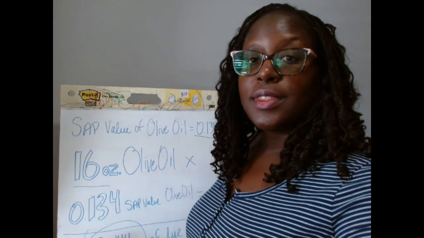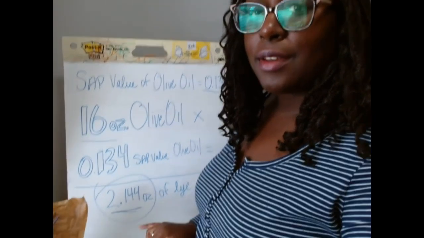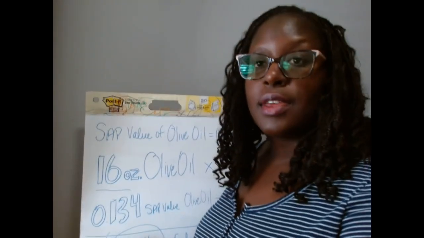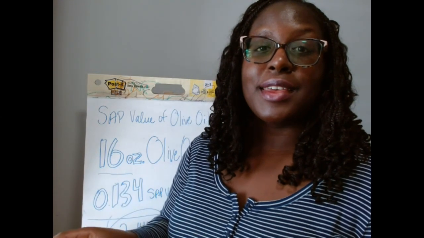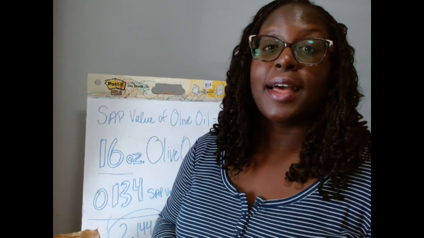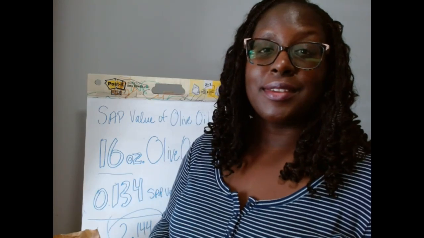They mean roughly the same thing as far as the result in the soap. We're going to reduce the amount of lye that we calculated, this 2.144 ounces, by 10%. This way we have 10% less lye in our recipe, which means we will have more olive oil in the final product.